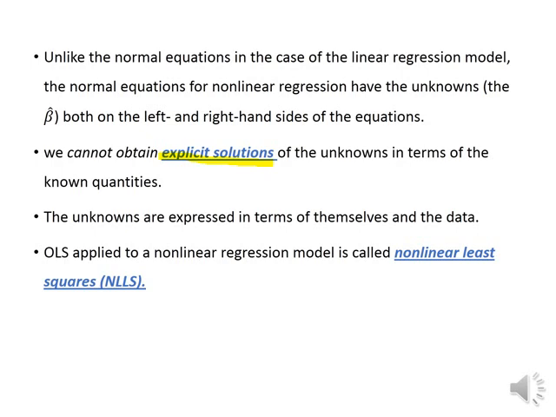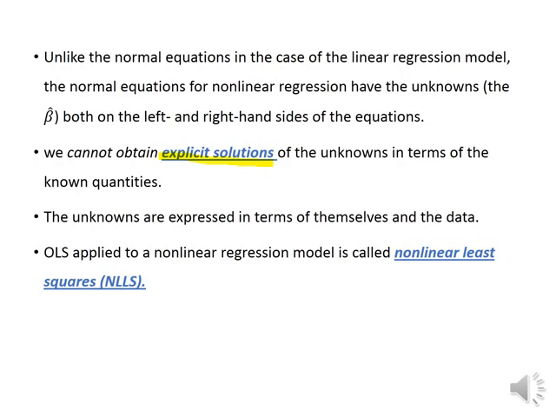So we cannot use the OLS in order to fit a nonlinear regression model. Why? Because the two normal equations will be highly complex and we will not be able to find the explicit form of beta naught hat and beta 1 hat like in the case of the linear regression model.